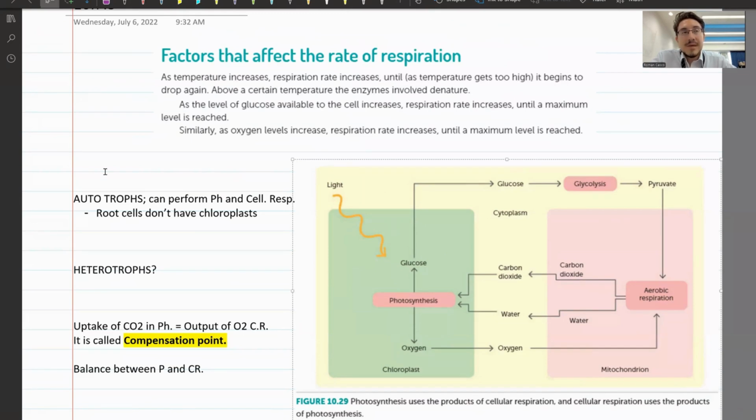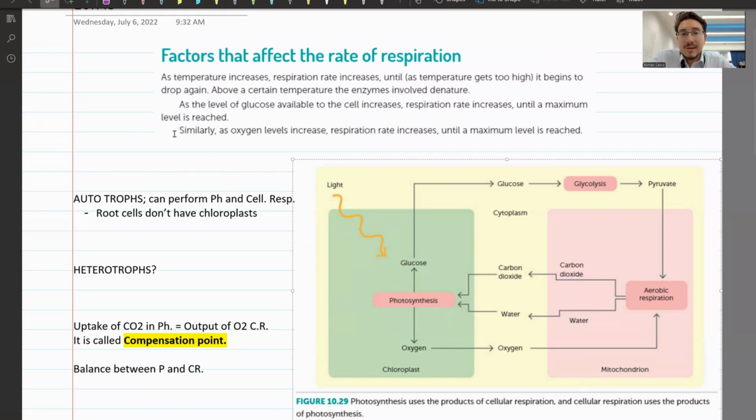Definitely, as temperature increases, respiration rate does tend to increase until you reach a critical temperature where the enzymes begin to denature, right? So temperature is definitely a factor that is involved in respiration. Ultimately, you're going to break and denature the proteins, right? So nothing will continue, right? Especially in the electron transport chain, right?